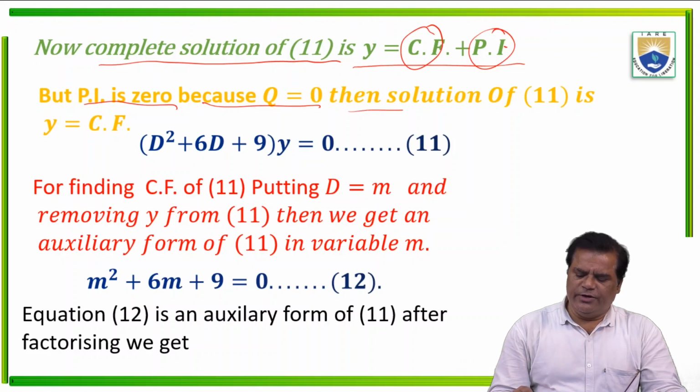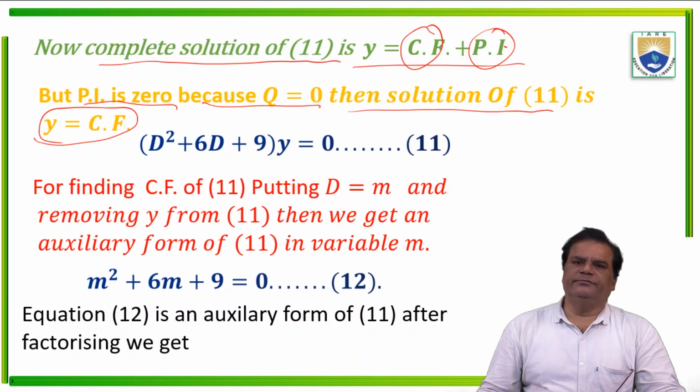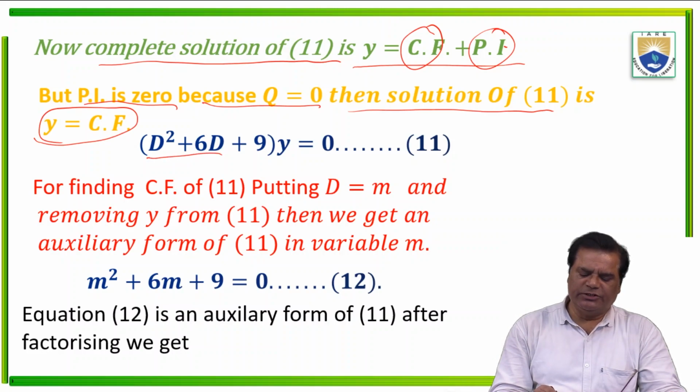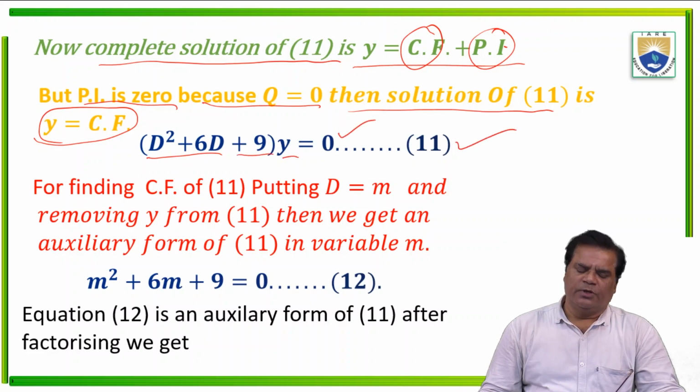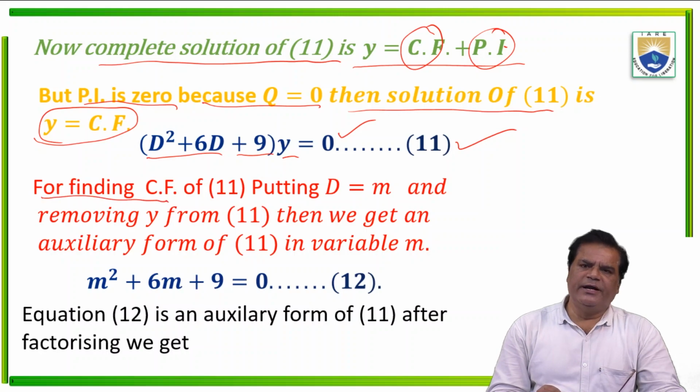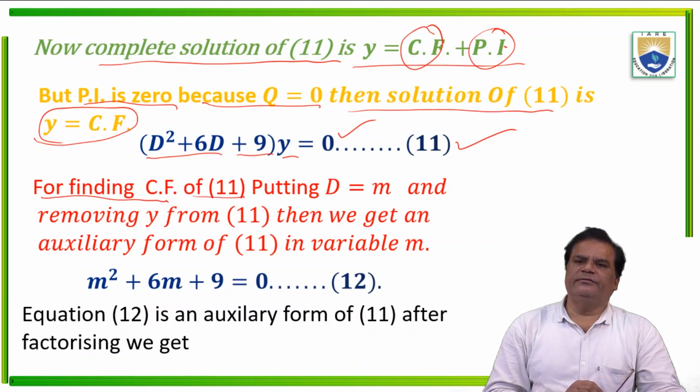Then the solution of equation 11 is y equal to CF only, the complementary function. So (D squared plus 6D plus 9)y equal to 0. This is equation 11. For finding the complementary function of equation 11, put D equal to m.